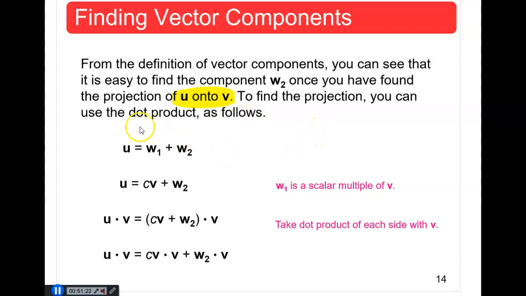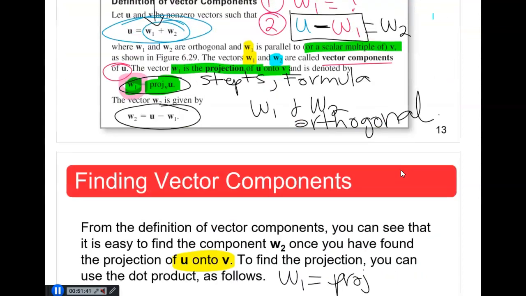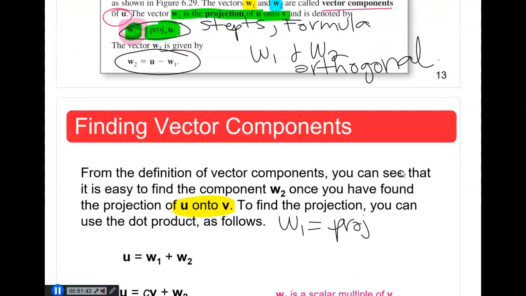We're going to go over all the steps of how we're going to derive everything to find w sub 1, which is the projection of vector u onto vector v. That is what we have here.